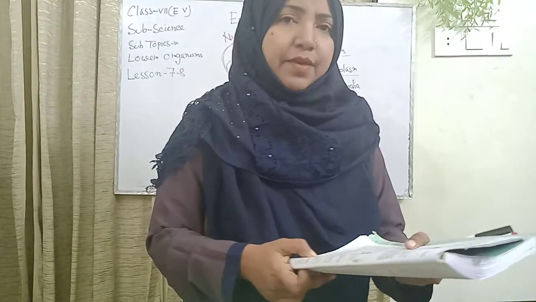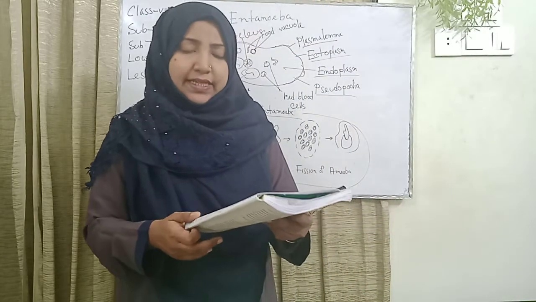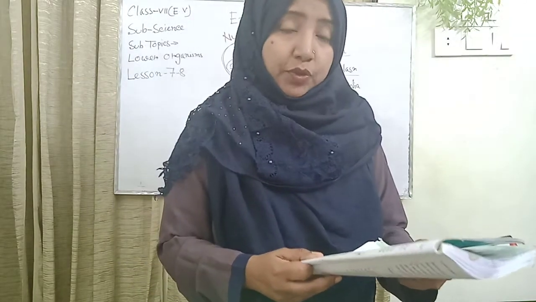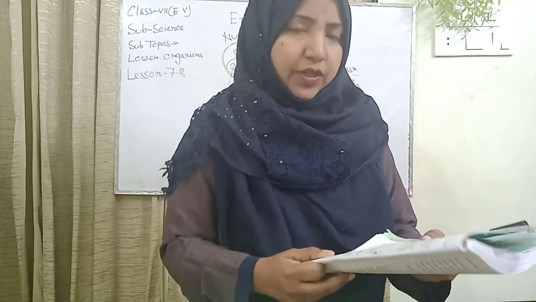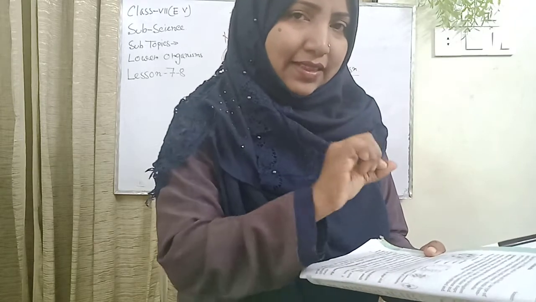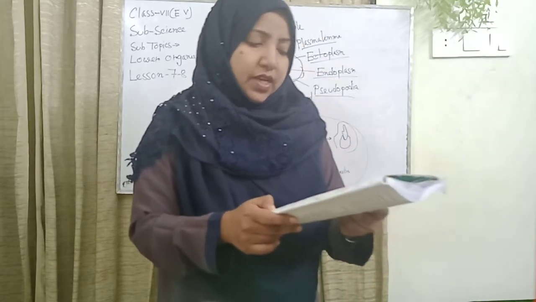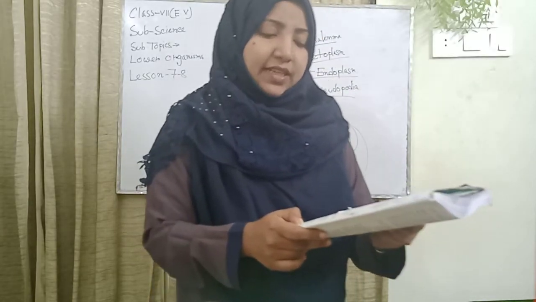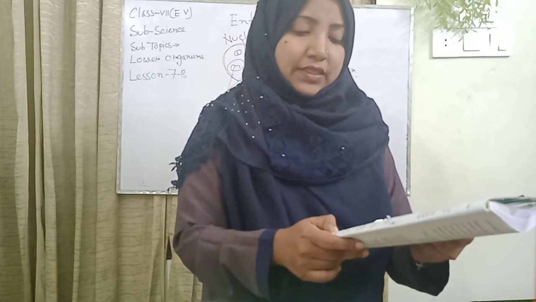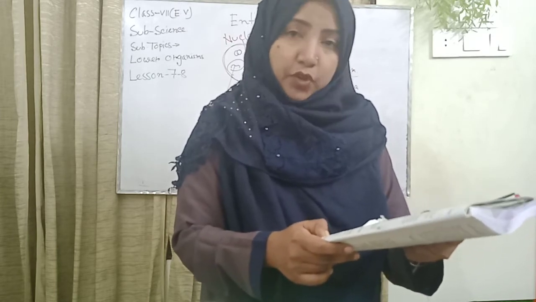Again, the sporulation. What are the kinds of reproduction? Entamoeba reproduces by cell division and sporulation processes. In sporulation, please everyone underline this word, sporulation process. The protoplasm of the cell divides into many parts and produces small spores.